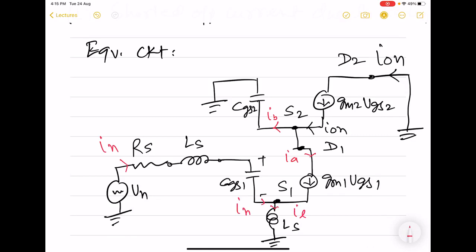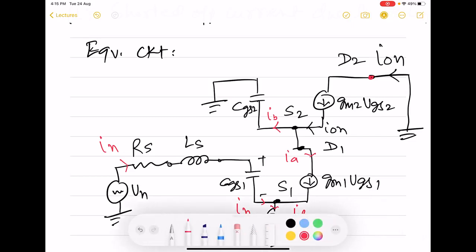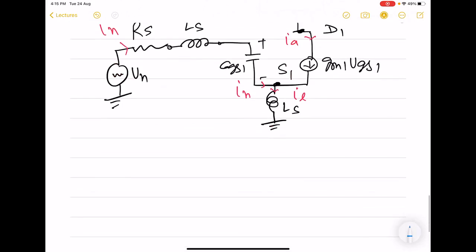So there are going to be a set of equations, and we will start with the drain 2 node. First, we will write KCL at drain 2. So that gives rise to a simple equation: ION is equal to GM2 VGS2.